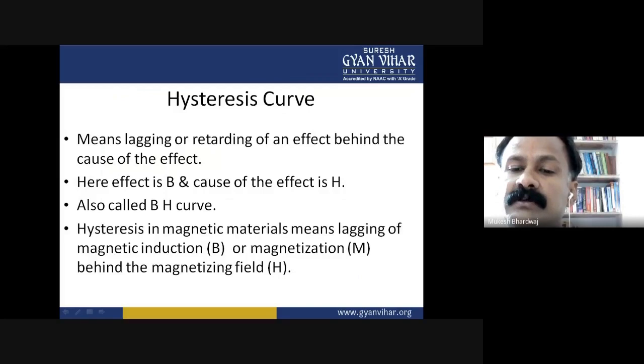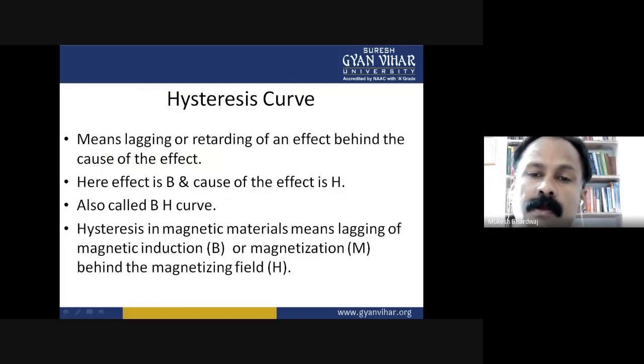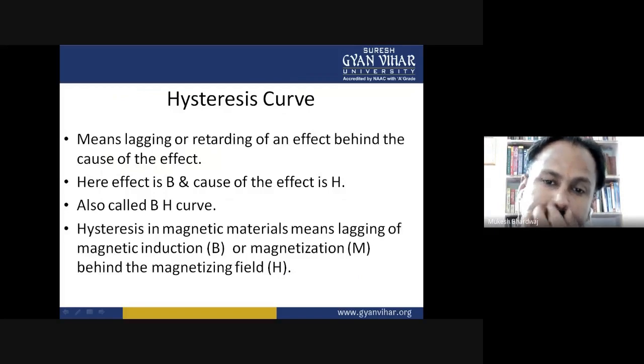Before starting the hysteresis curve, I would like to give some detailed explanation of magnetostriction, which we had earlier discussed, that when a ferromagnetic material is magnetized, changes in physical dimension in general occur.